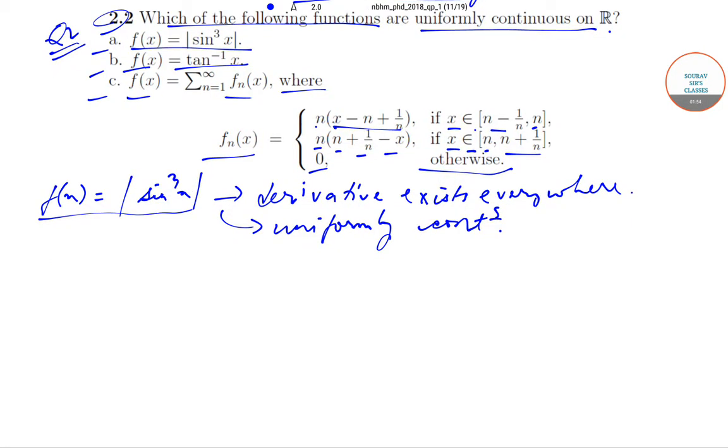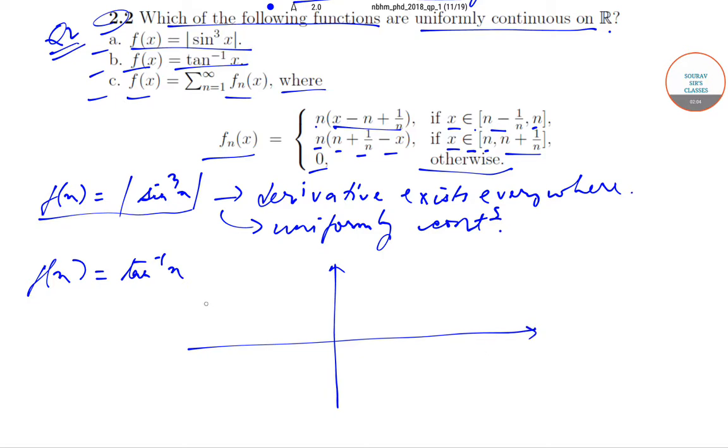Now f(x) equal to tan inverse x. Let us draw the curve of f(x) equal to tan inverse of x. If this is the y-axis and this is the x-axis, this dotted line represents y equal to pi by 2 and this dotted line represents minus pi by 2, then tan inverse of x will look somewhat like this.